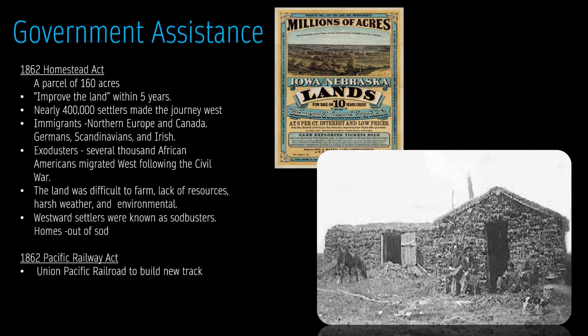So you could get this huge acreage, and all you had to do was go west, get your land, and start to improve the land. So you had 5 years to improve the land. And what that meant was you would make a home, you would start farming, the property would be productive, and that's all you had to do to get these 160 acres.